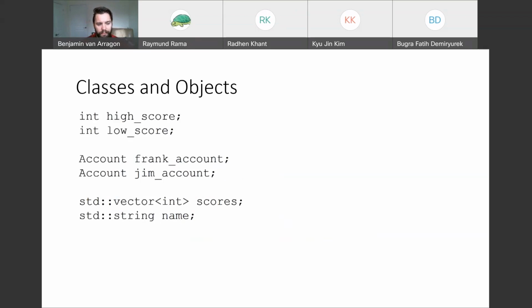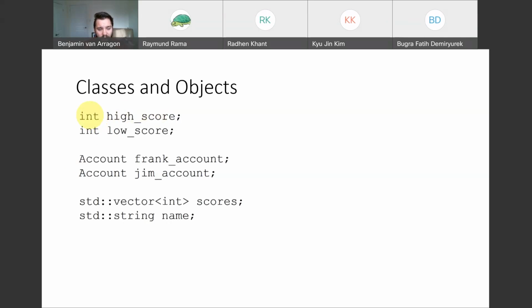this one might be a little bit confusing, but the first example here, I know they're not classes, but it's sort of an analogy to help make a point. So in the first two lines here, we're declaring two integers, high score and low score. Basically, what does this tell us? Well, these are variables. This is the variable name that is of type int.